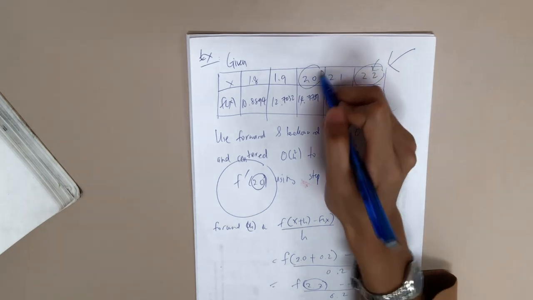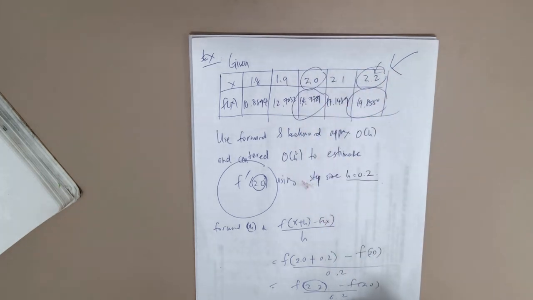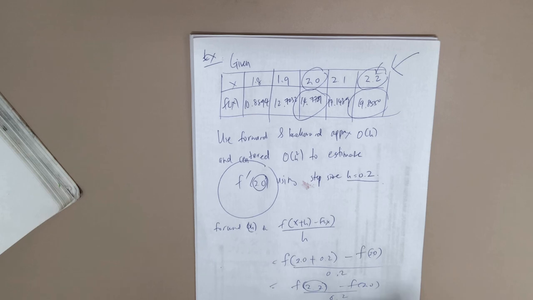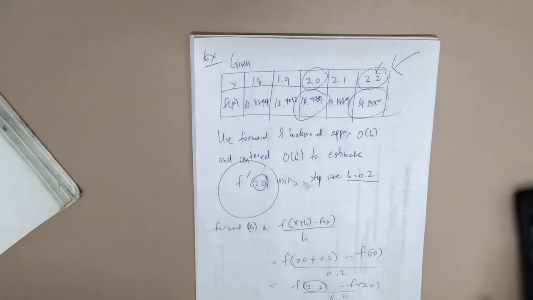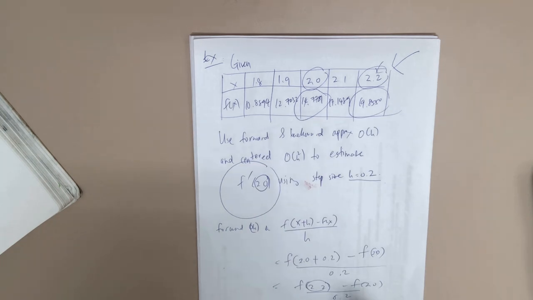This is 2.0, so f(2.0) is 14.7781, over 0.2. Okay, so now solve. The answer you should get is 25.3845.